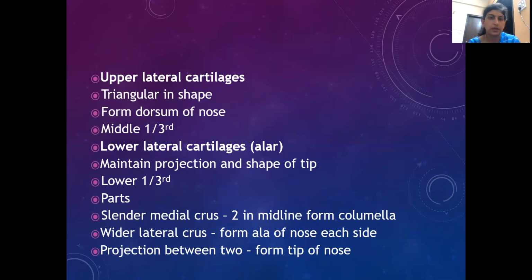The parts of lower lateral cartilages or the LR cartilages are the medial crura, which is two in number, and they basically unite in the midline and form what is called as columella, and the lateral crura, which form the ala of the nose on either side, and the projection between the two that forms the tip of the nose.